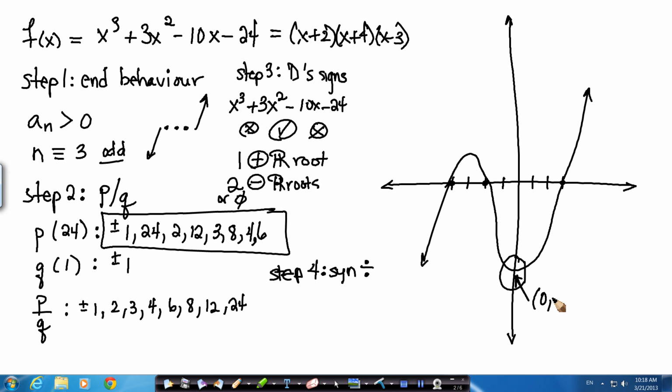So when x equals 0, if I cover all of these up, what's left when x equals 0 is negative 24. So this is the point where it crosses the y-axis. And there is your beautiful odd polynomial. I hope this helps and makes things make a little more sense.